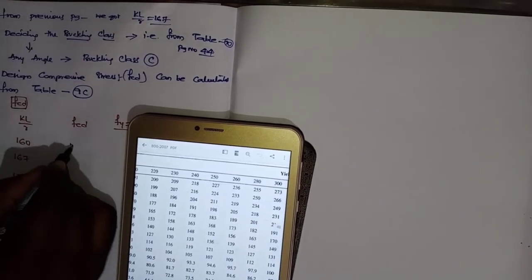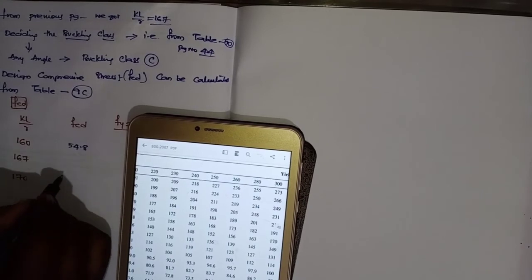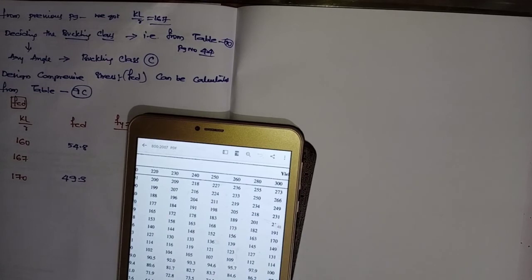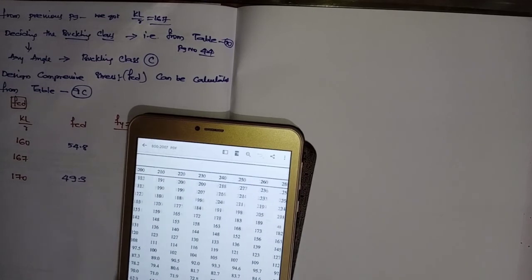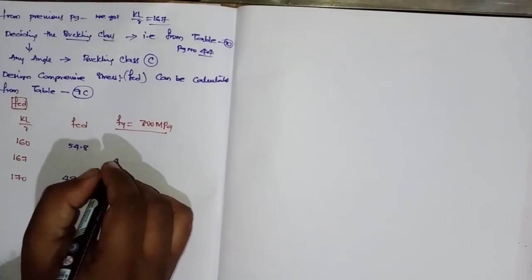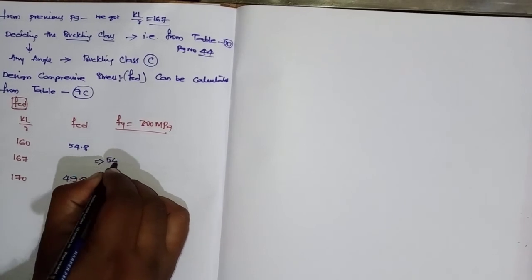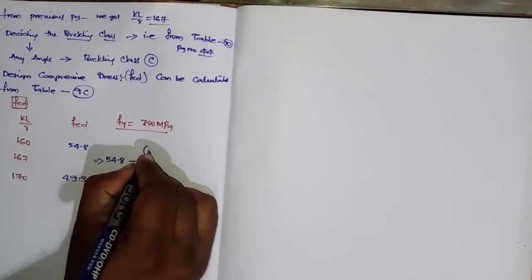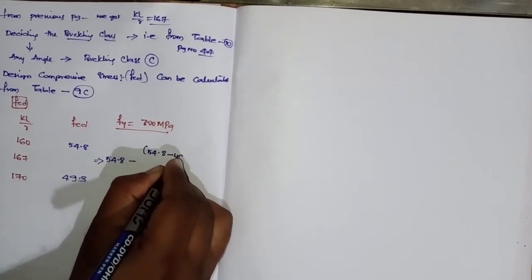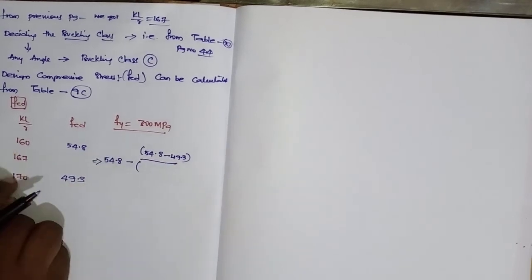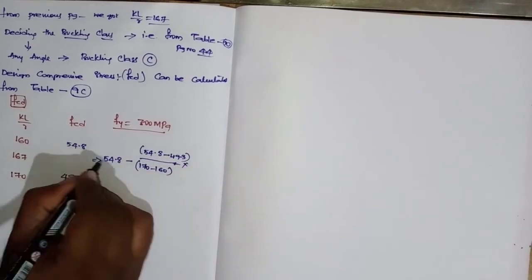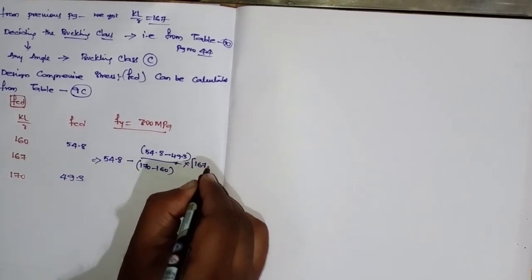For 160 this is 54.8 and for 170 it is 49.3. These two values are for 300, 160 and 170. So we'll do interpolation. From here it is decreasing, so it is minus: 54.8 minus (54.8 minus 49.3) divided by (170 minus 160) into, taking 160 as the reference, (167 minus 160).